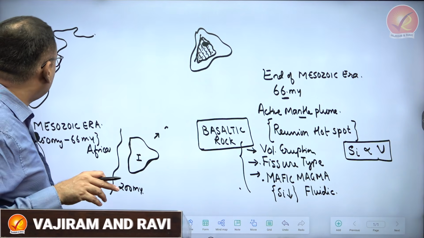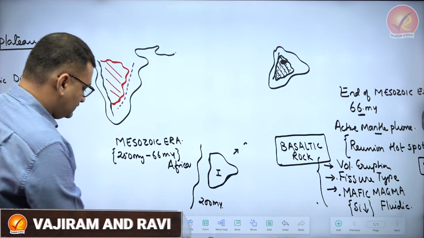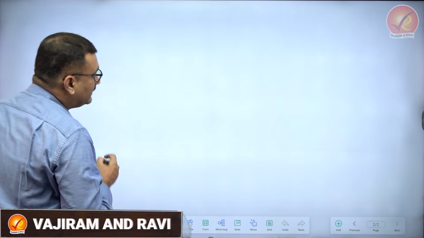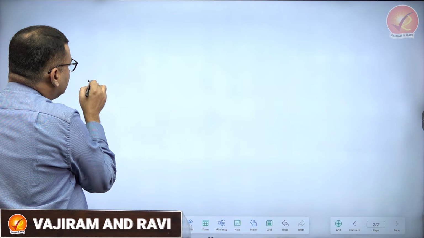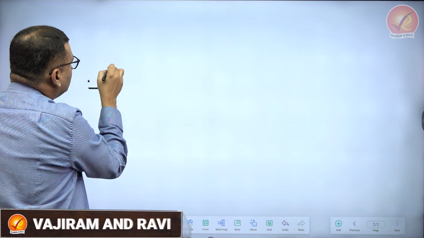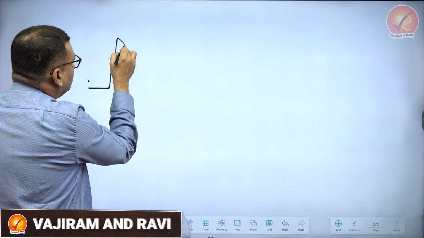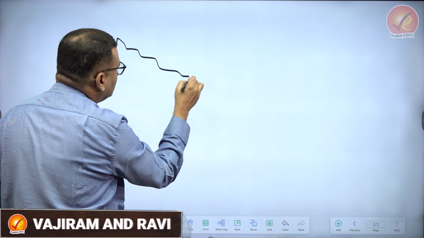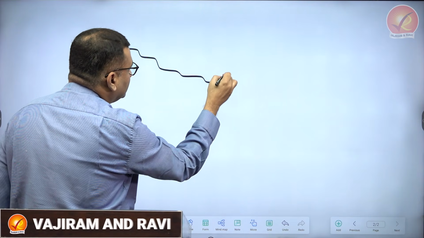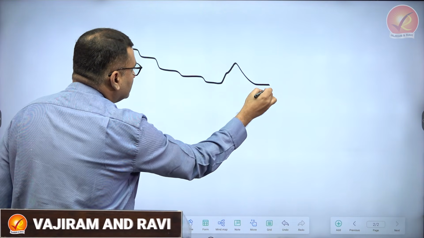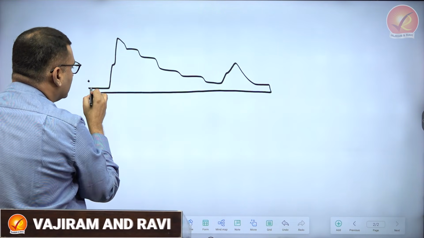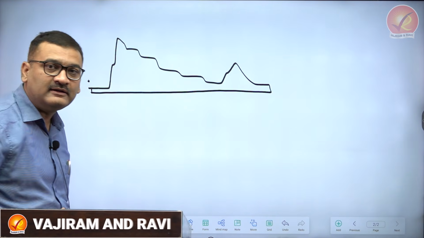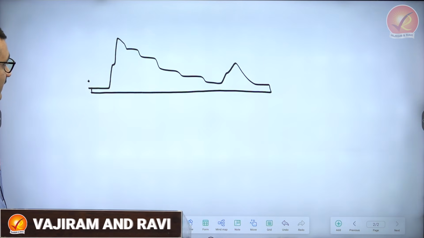Now here, if you take a cross section, how is Deccan Plateau appearing? So this is the Western Ghat, and after Western Ghat we can see the structure of the plateau, and here is the Eastern Ghat. So if you take a cross section of peninsular India, it appears in this format.